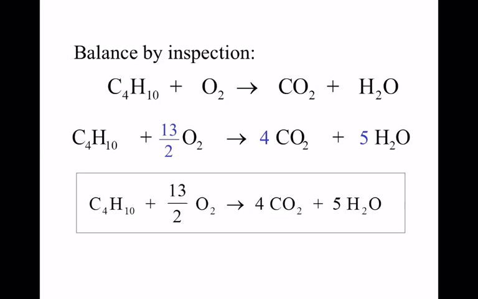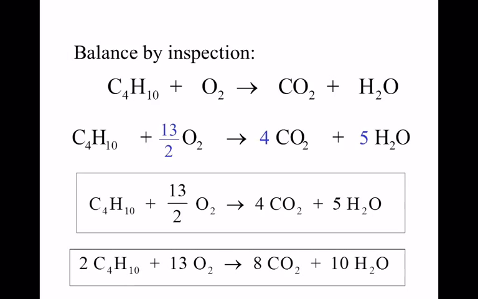Remember I said you could scale these things up, like make double brownies or something like that? So if we wanted to get rid of that fraction 13 halves, we could scale it up by a factor of 2. Just multiply all coefficients by 2, and that gets rid of it.